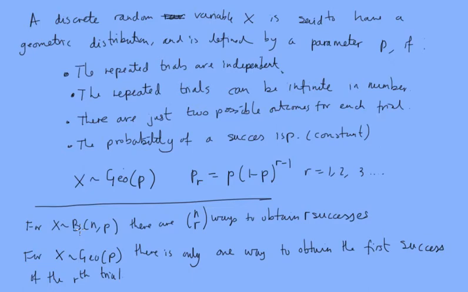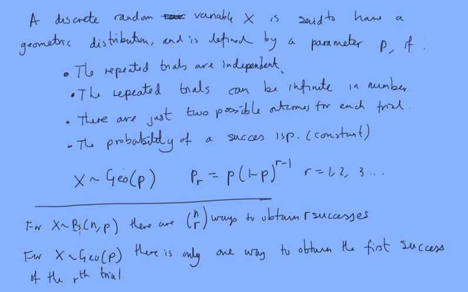So you'd be asking, what is the probability that, say, on the 100th roll is when we get our first 6? That's the difference between when you would use a binomial distribution and a geometric distribution.